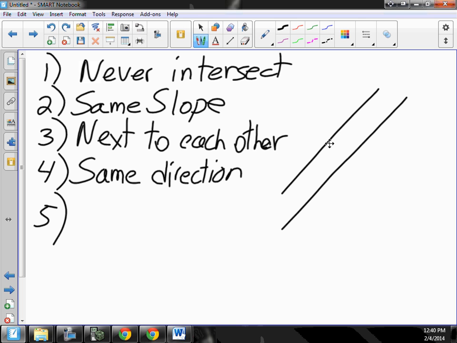Okay, can you think of another way to describe the relationship of one line to the other line? Kind of a big one we're missing, nobody's said yet.